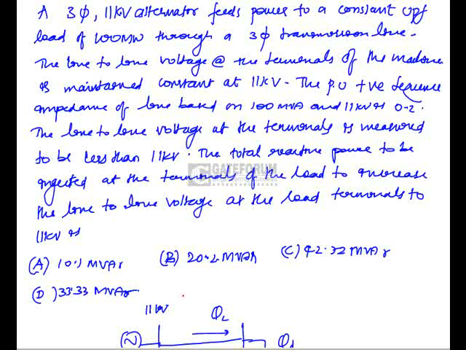The per unit positive sequence impedance of the line based on 100 MVA, 11 kilovolts is 0.2. The line-to-line voltage at the load terminals is measured to be less than 11 kilovolts. What is the total reactive power to be injected at the load terminals to increase the line-to-line voltage to 11 kilovolts?